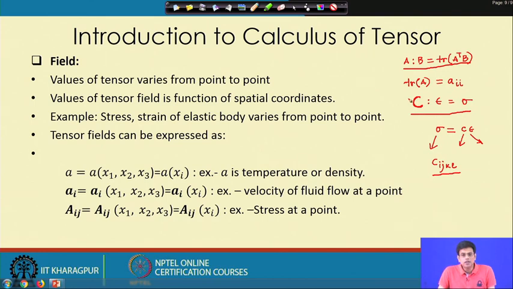If I take the inner product of this fourth order tensor with a second order tensor, which is strain, it will reduce the order twice. It operates on a second order tensor and converts it to another second order tensor.